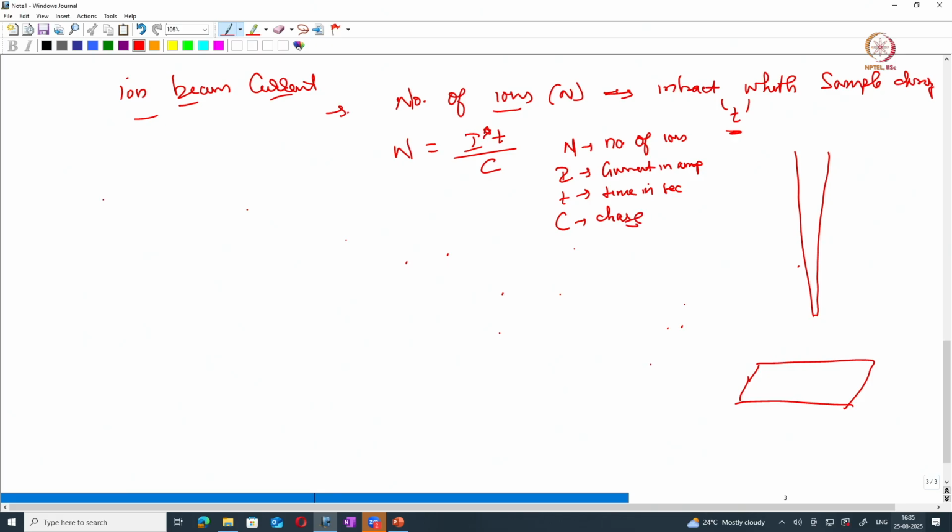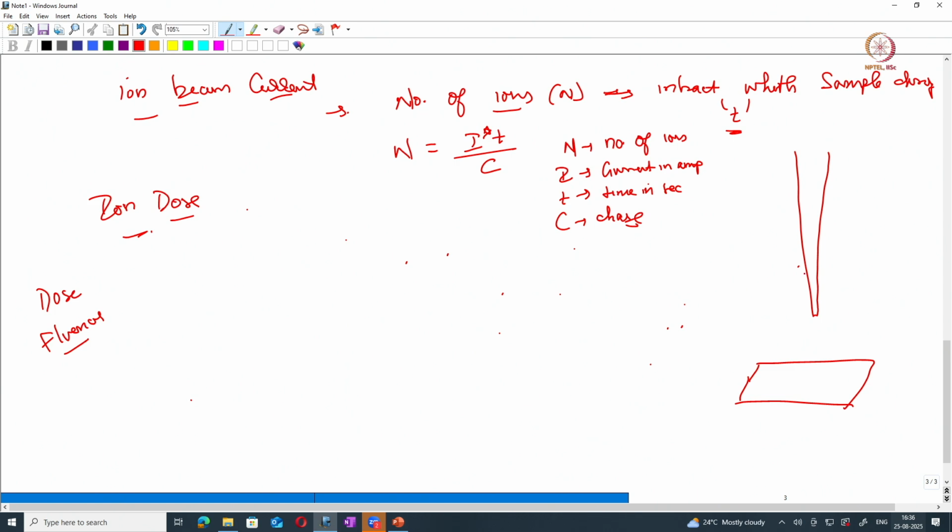Another term is the ion dose. Correct. So there are two terms here: one is dose and one is fluence. Okay, so there is a difference between them. So what is the fluence? Fluence is the number of ions that pass through an area prior to the interaction with the sample.